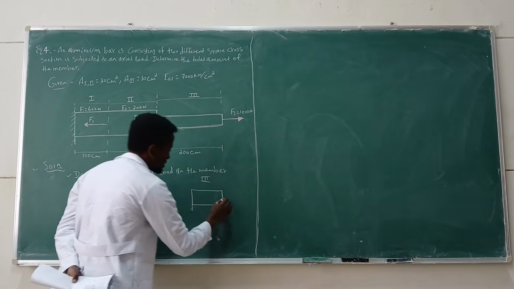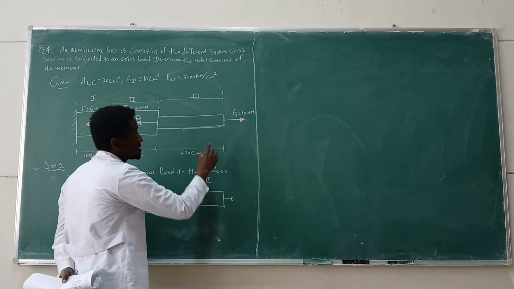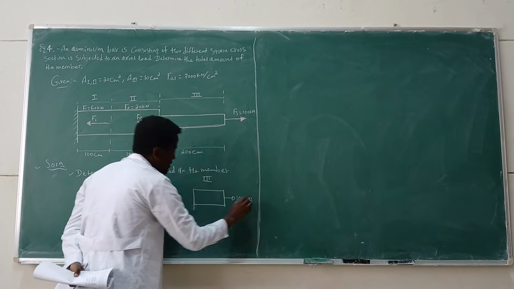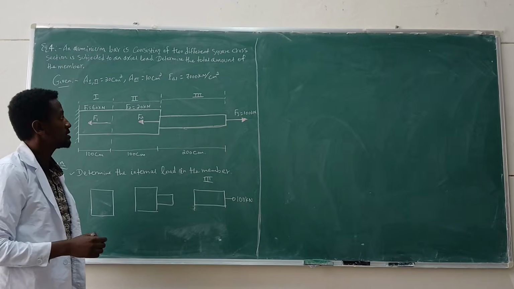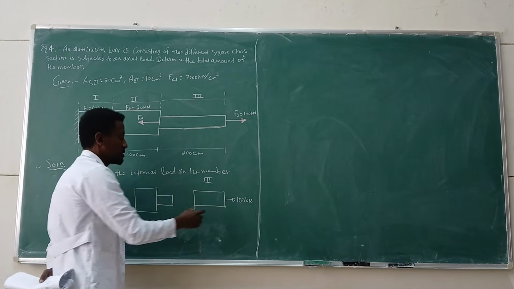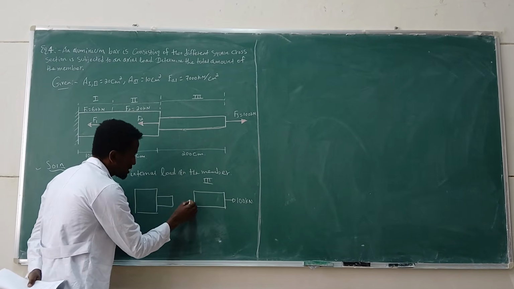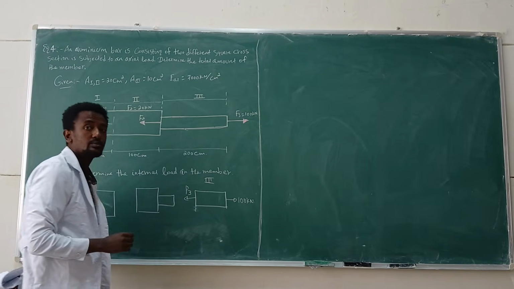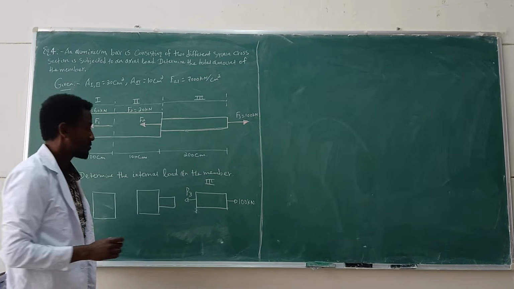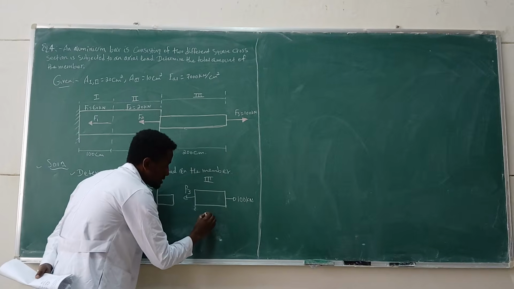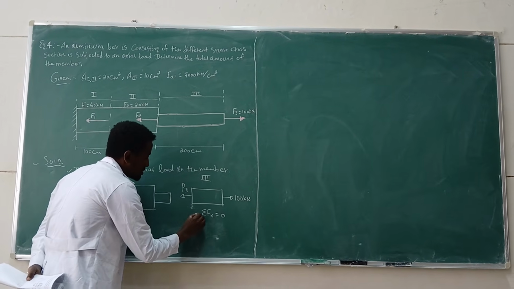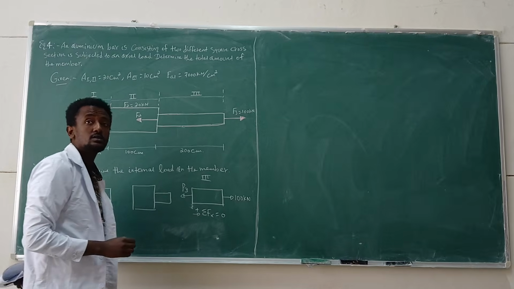Here, F3 is 100 kilonewton. Therefore, we have an internal force P3 that resists this 100 kilonewton. The summation of force in the X is equal to 0, with the right direction positive.